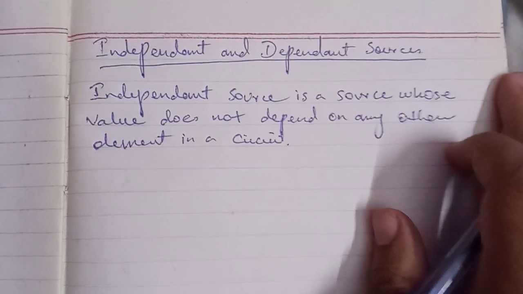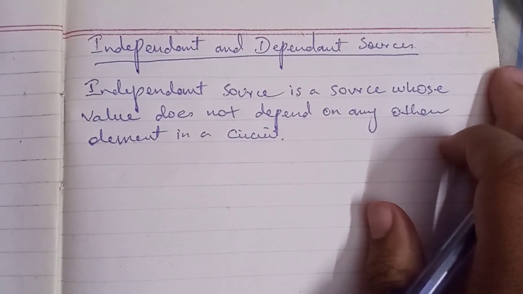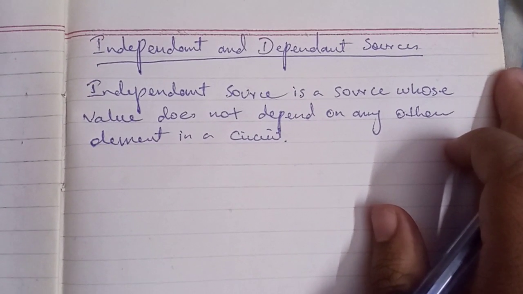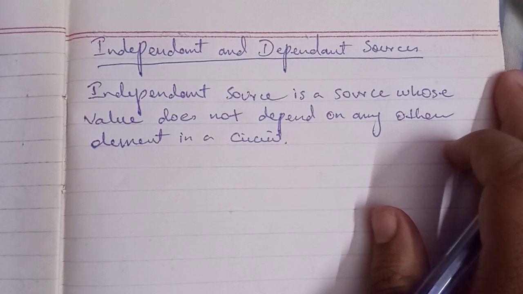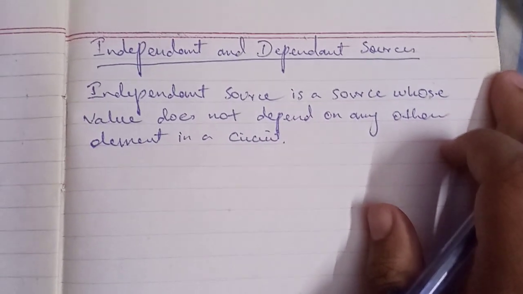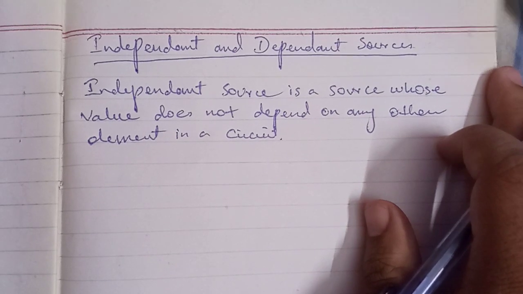What are the shapes of independent sources? The shape of independent sources is circular, or you can say it's a round shape. So its identification is that the shape is round.